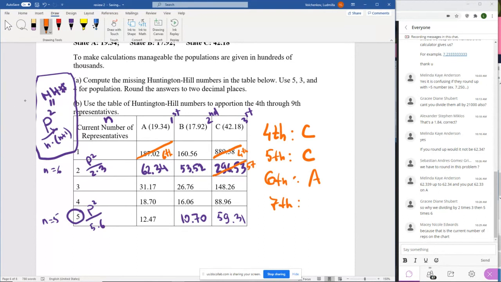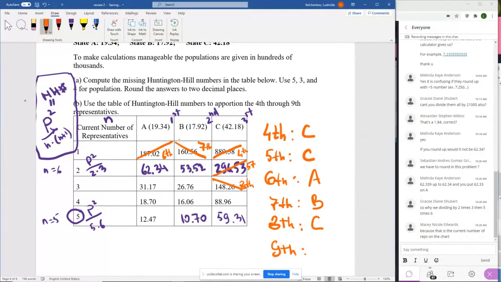We have 160, 148. 160 is greater than 148, so the seventh goes to B. The eighth. Okay, what do we have now? 62, 53, 148. So the eighth representative goes to C again, and the ninth.